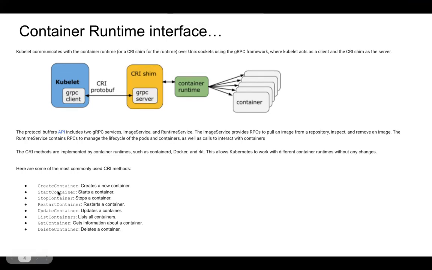Some CRI methods, as you can see, are just abstract methods, and each container runtime is supposed to provide its implementation, so that when the kubelet gives the command create container, Docker would know how to create a Docker container, or Vagrant would know how to create a Vagrant container. So some lifecycle commands.